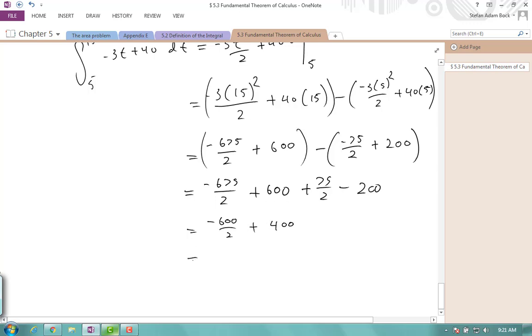So this is equal to minus 300 plus 400, 100 meters in some positive direction.